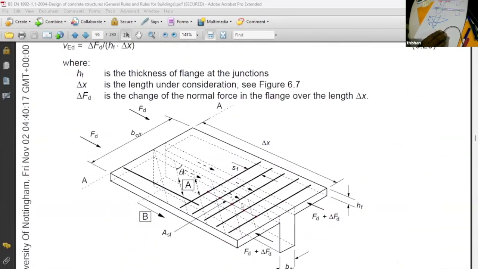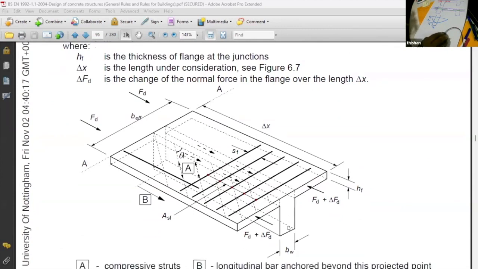So you get shear along this particular surface. Can you see? The diagram is very clear. It's a diagram given in the code. And what happens? Can you see this force, FD? What is the force here? FD plus delta FD. So this side is having more force than this side, so you can't have equilibrium. It might break.